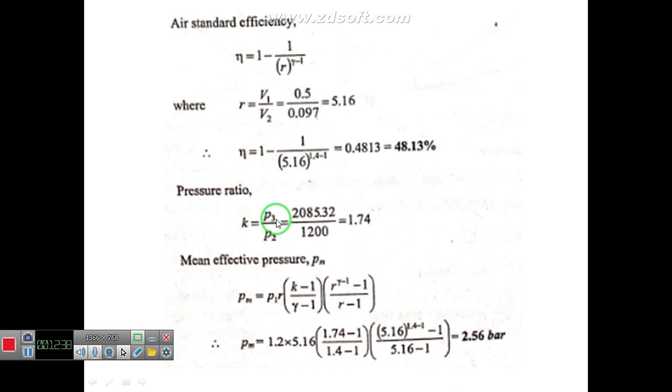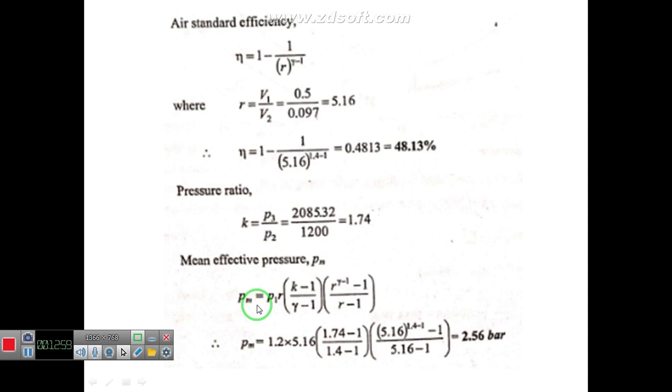P3 is 2085.32 and P2 is 1200. So finally we get the pressure ratio 1.74.